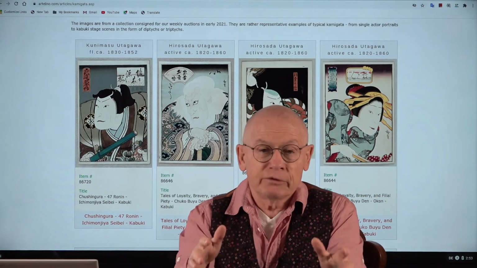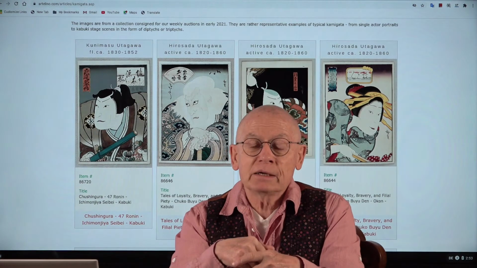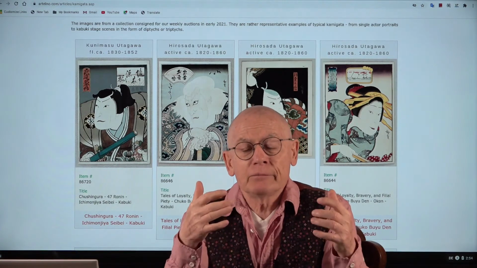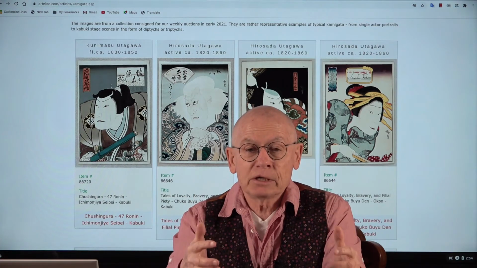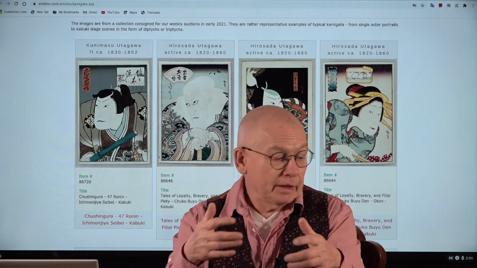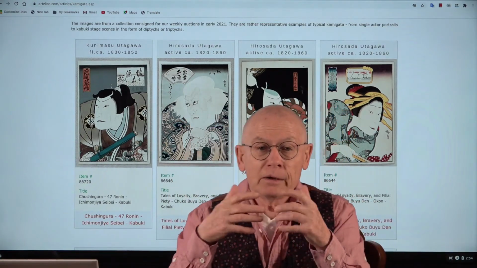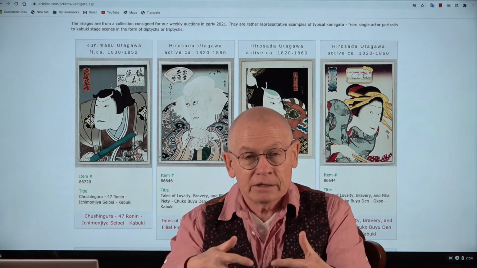So what's so different? The Osaka printmakers were nearly exclusively specialized on one subject, and this subject was the Japanese kabuki theater. Like the ones I showed you before, or these ones, prints showing kabuki actors.